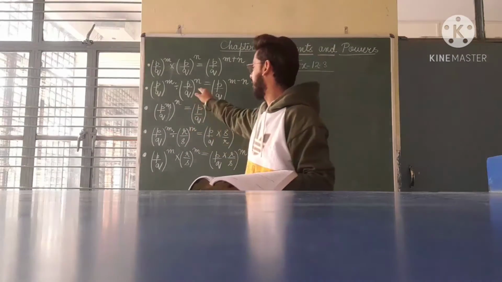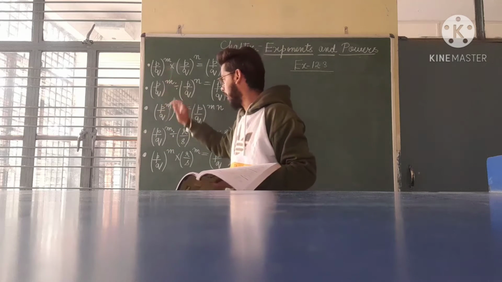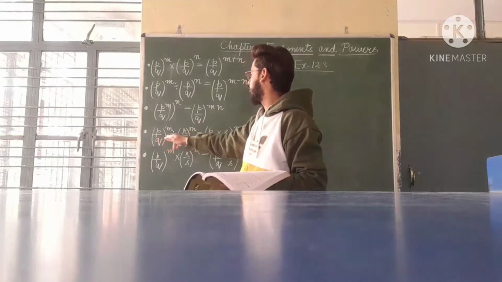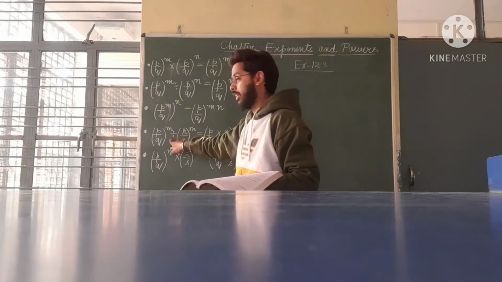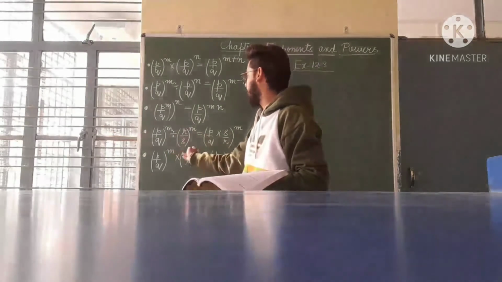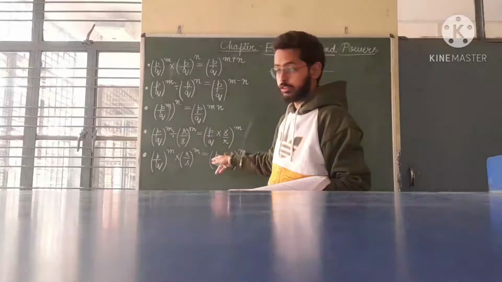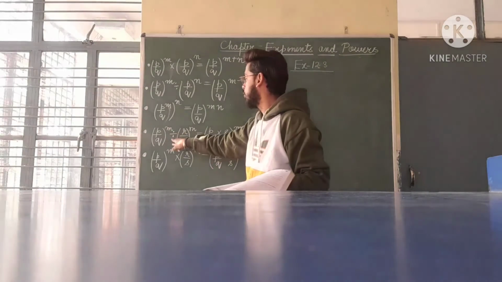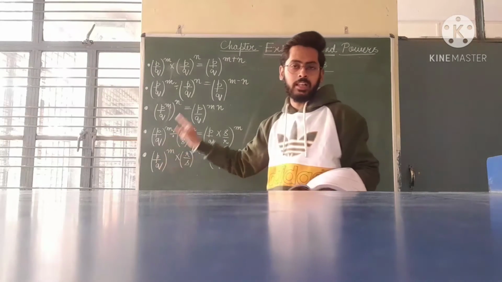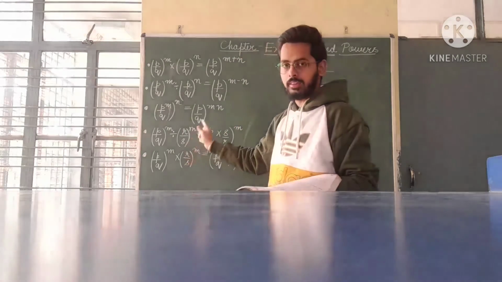There is a difference between them: they have the same exponent, but different bases. If the exponent is the same, then what do we have to do? We change the division into multiplication, and when the divide sign is changed into multiplication, the number after the division sign becomes its reciprocal.